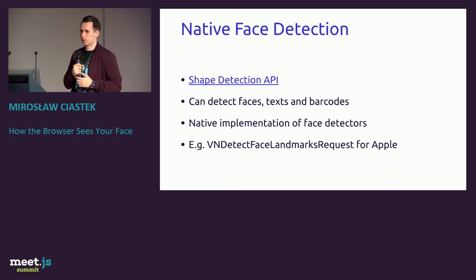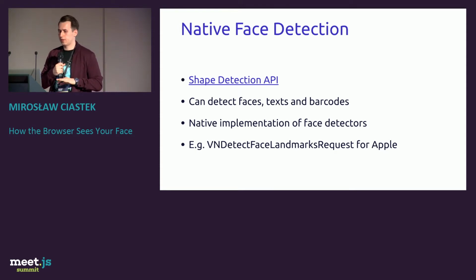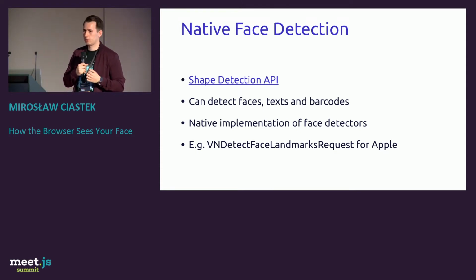This shape detection can detect not only faces, but also text and barcodes. And under the hood, it uses the native implementation of detectors. So, for example, for Apple machines, we have the VNDetectFaceLandmarksRequest. For Android, it can be different.